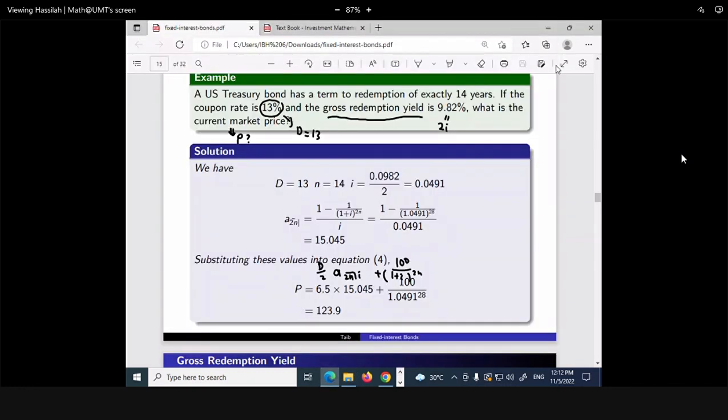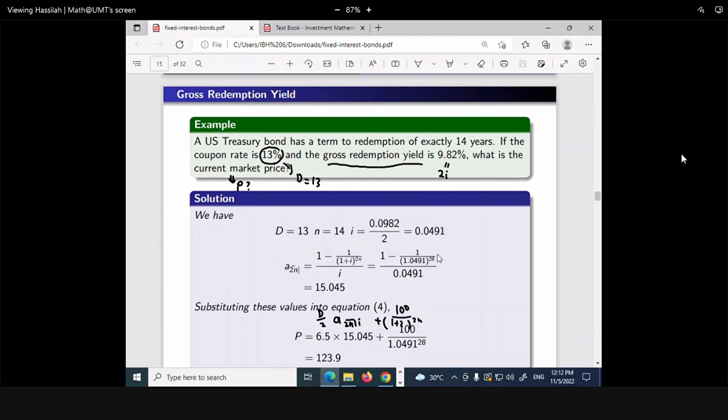Nampak skrin saya ni? This was the last thing we learned in the previous class. Gross redemption yield.